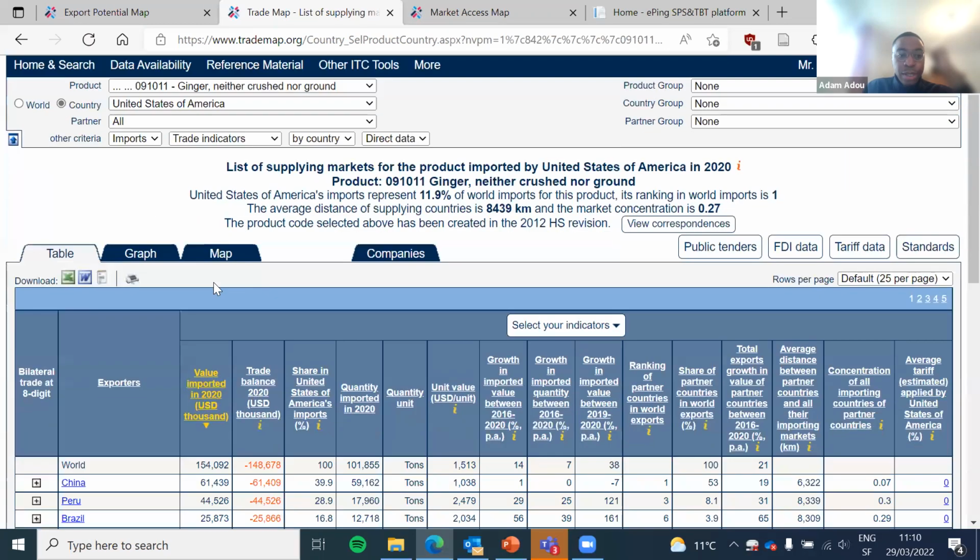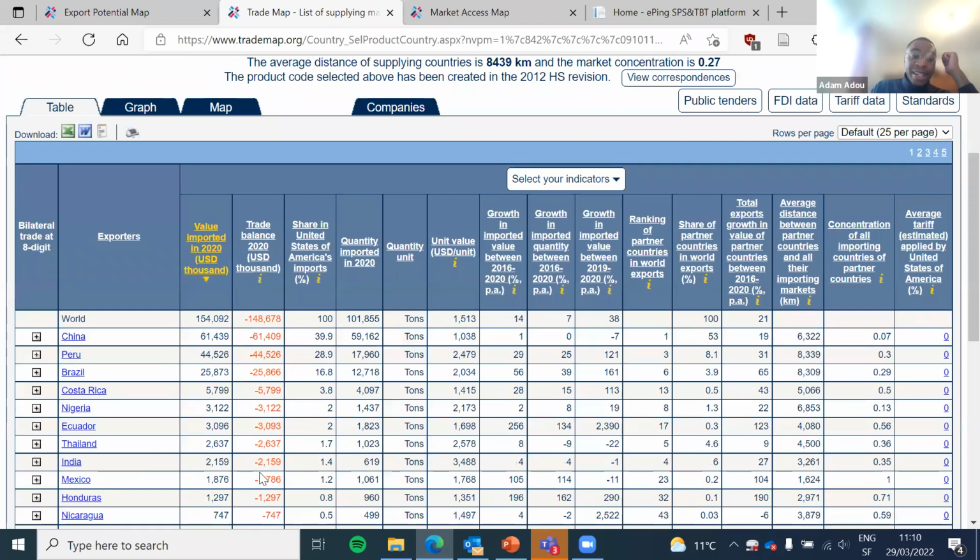Here we see that, as we saw before, Thailand is part of the top 10 countries exporting ginger to the United States of America, but the one with the highest export performance is China. China has the biggest market share in the United States, bigger than Thailand. This is why Thailand, in its strategy, may be focusing more on other countries where it has the biggest market share, such as Pakistan, as we saw before.